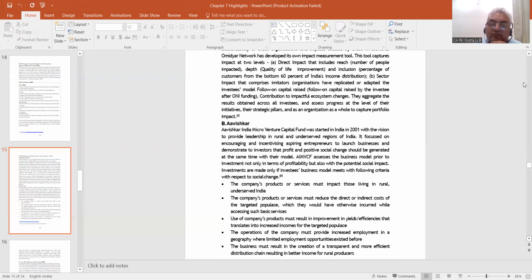Then use of the company's products must result in improvement in yields and efficiencies that translate into increased incomes for the targeted populace. The operations of the company must provide increased employment in a geography where limited employment opportunities existed before. The business must result in the creation of a transparent and more efficient distribution chain, resulting in better income for rural producers.